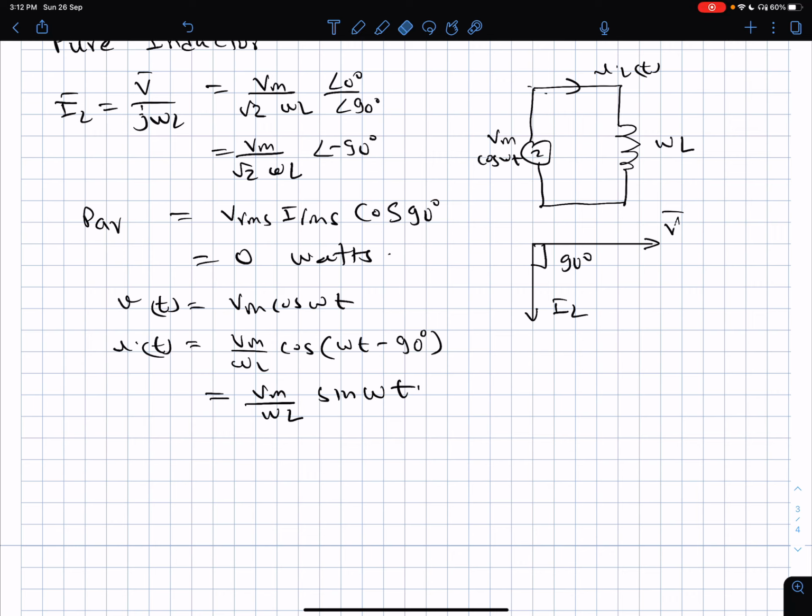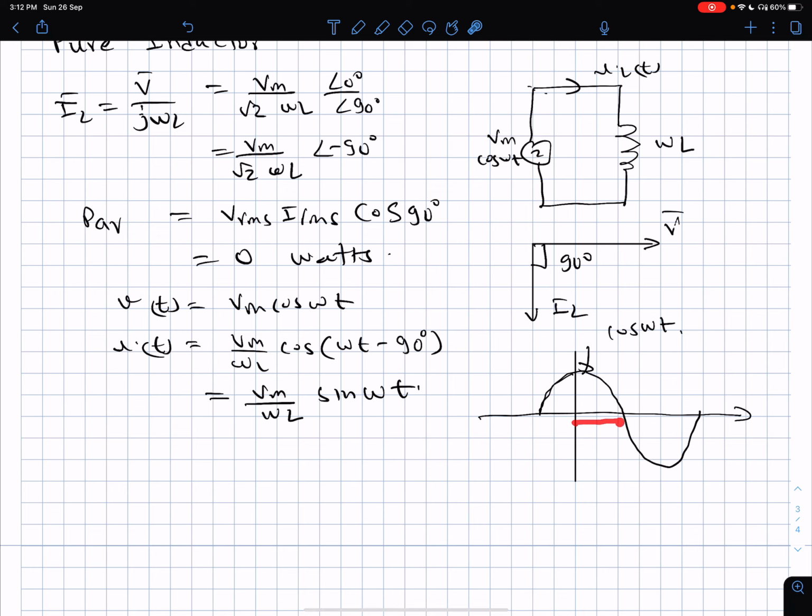This is my cosine of omega t. Now create a lag of 90 degrees.